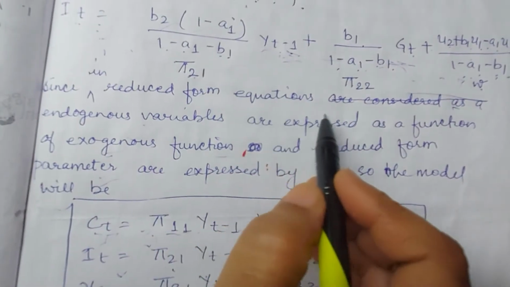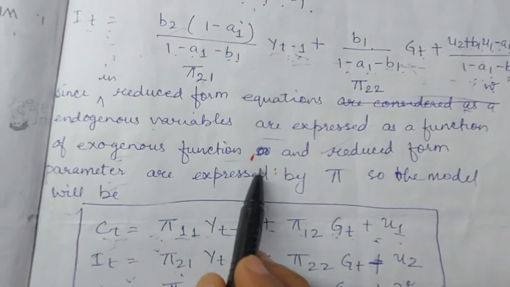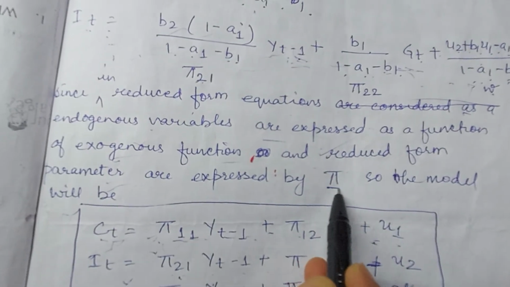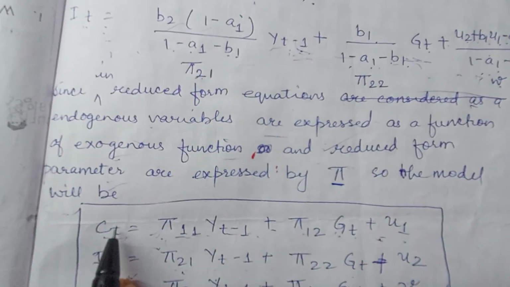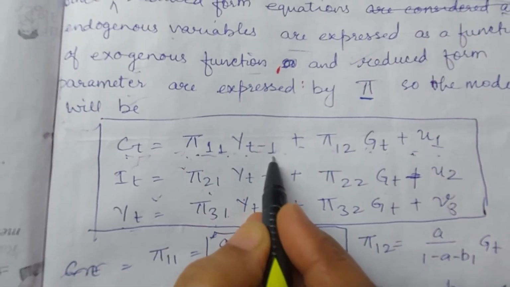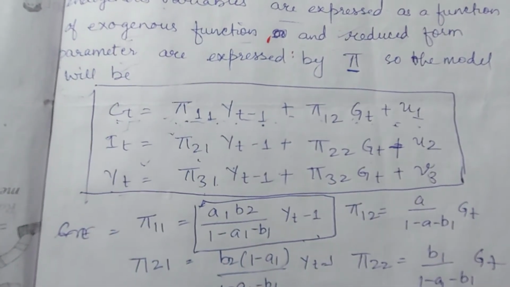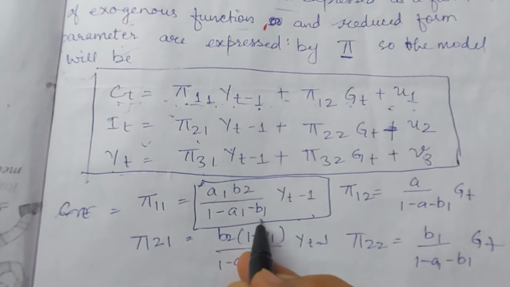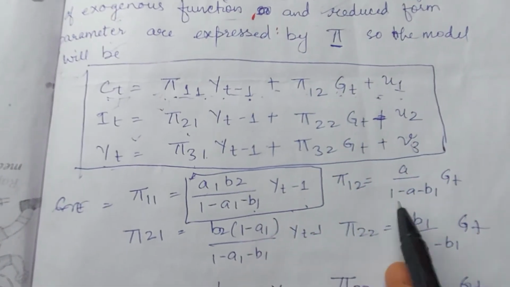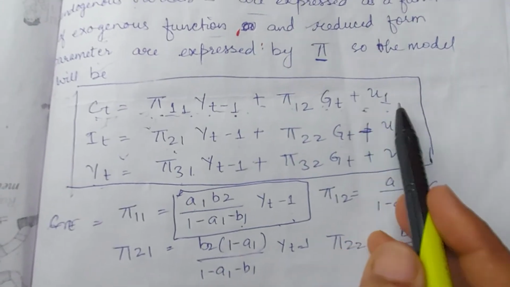Since in reduced form equations endogenous variables are expressed as a function of exogenous variables, and reduced form parameters are expressed by pi, the model will be Ct is equal to pi 1 1 Yt minus 1 plus pi 1 2 Gt, where pi 1 1 is what we have just solved, a1 b2 upon 1 minus a1 minus b1, and pi 1 2 is a1 upon 1 minus a1 minus b1, plus mu1.